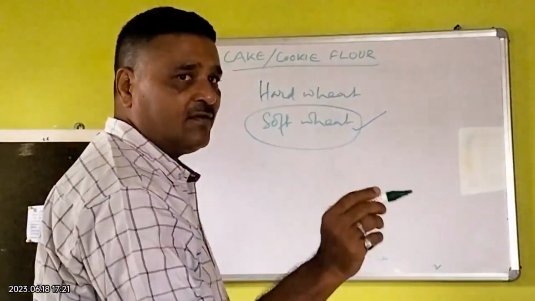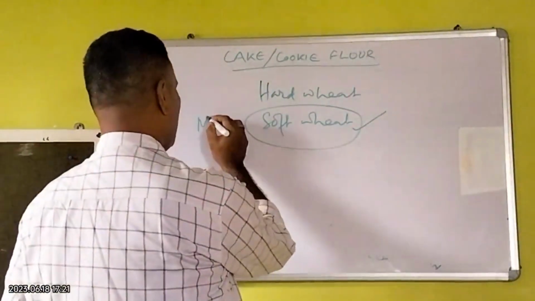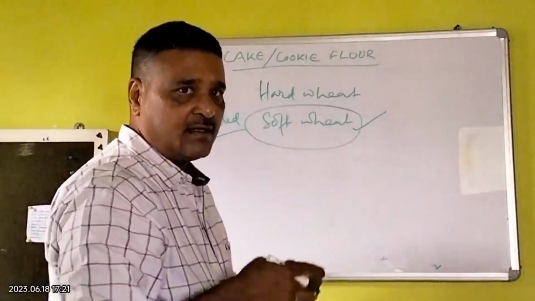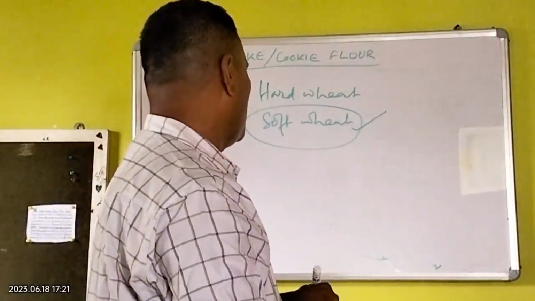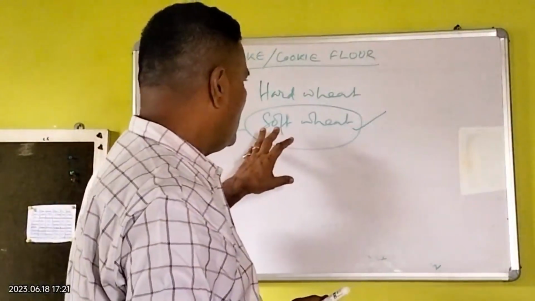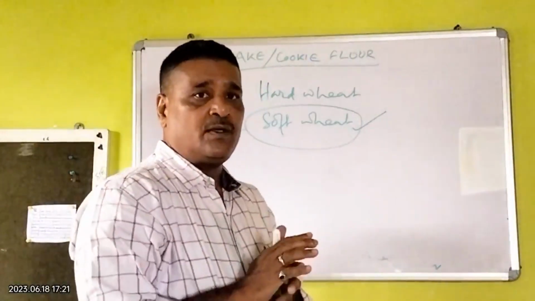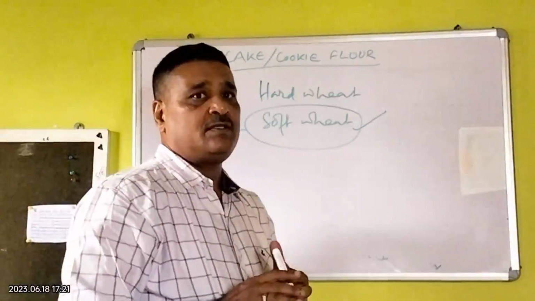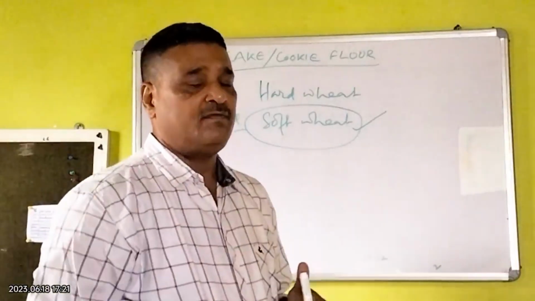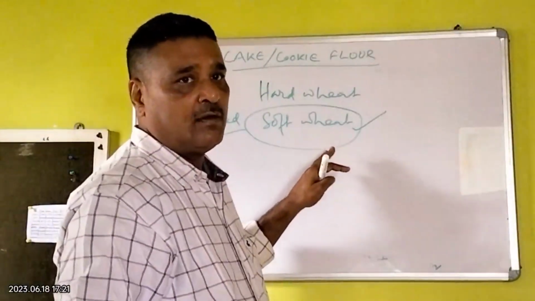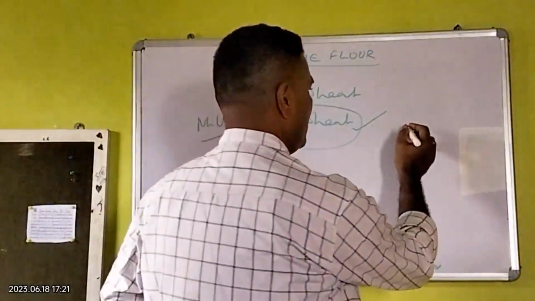So that means we have to select a milled soft wheat of the specs that I just spoke of. Having said that, not every miller does this soft wheat. You have to be very focused and ask the miller in your respective geographical area whether I am getting a soft wheat flour. So that is priority number one.